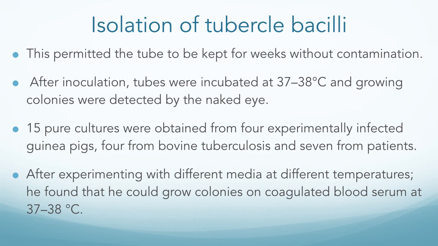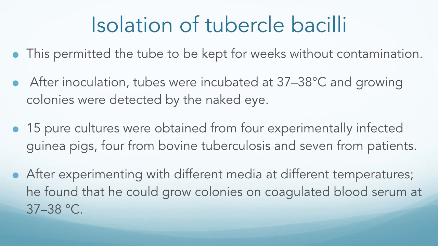Robert Koch noticed that detection of growing colonies using 30x or 40x magnification allowed the detection of colonies by the end of the first week. Otherwise, it would take 10 to 14 days for the visible colonies to appear on the medium.